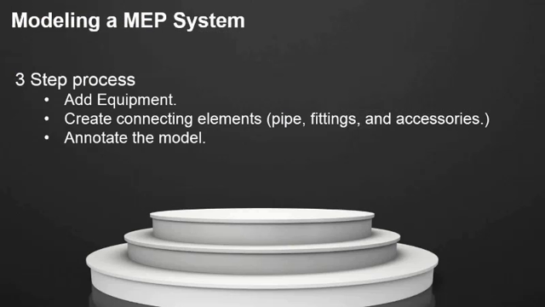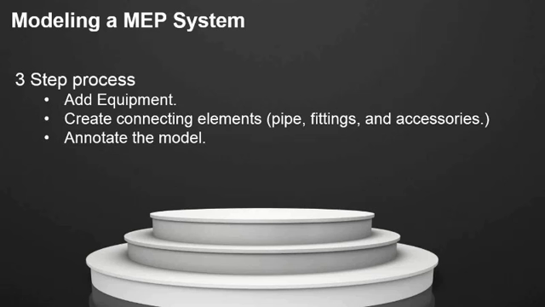So getting started with modeling an MEP system, I like to think of it as a three-step process. There are a lot of micro steps inside of these three steps, but if you break it down into its basic parts and pieces, the three steps that I see are adding your equipment. Once your equipment is added, you then create all of your connecting elements.